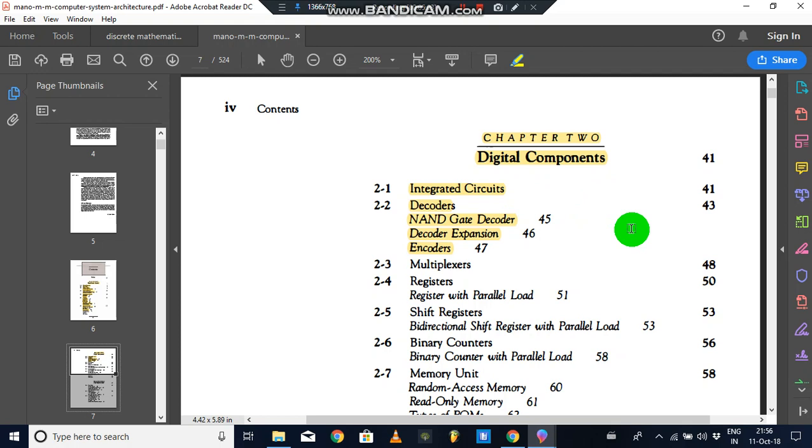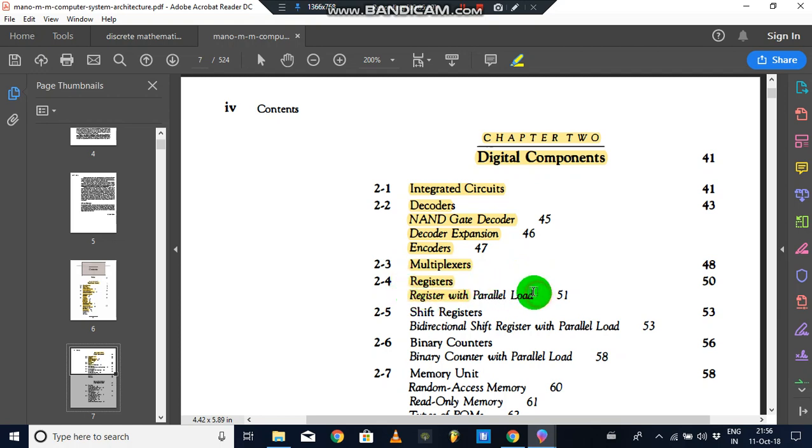Okay, you are a developer, an engineer, a scientist, and you want to create a circuit. So it depends on you how much input you need and how much output you want to develop. Okay, so multiplexer, what is the multiplexer, what is the role of register?